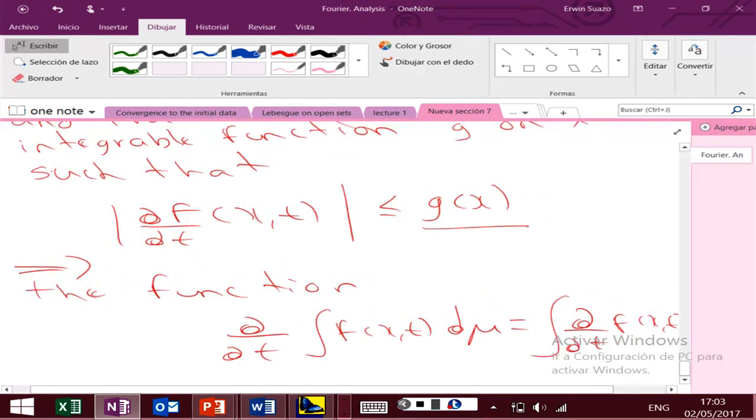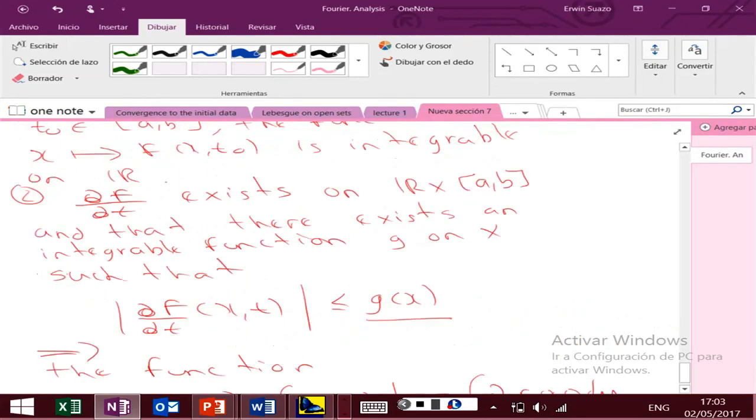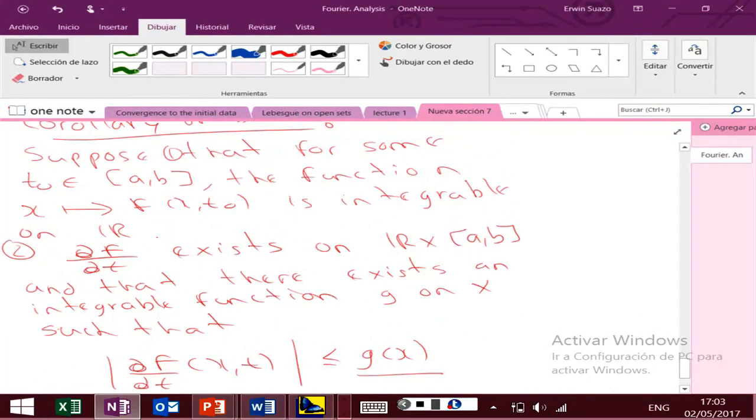Is this the capital X? No, that's a small x. It's just saying you fix t sub 0, and then you have a function that depends only on x.